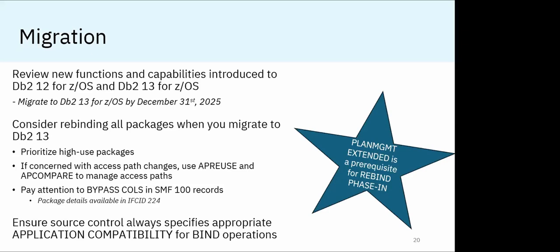And then we ask them about their process for reviewing new functions and capabilities, and sometimes they don't even take advantage of the DB212 enhancements and capabilities that are available because maybe they're not aware of it. So, we recommend to look over the capabilities in DB212 and then definitely for DB213, and to migrate to DB213 as well before it's end of support for DB212.